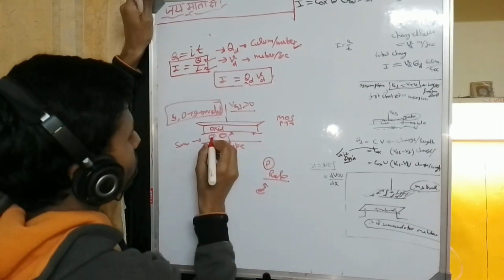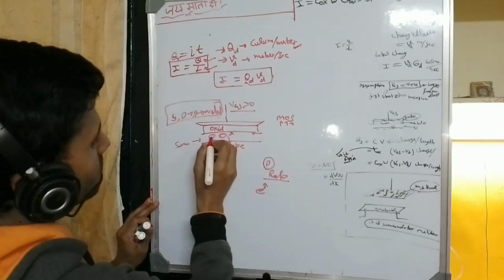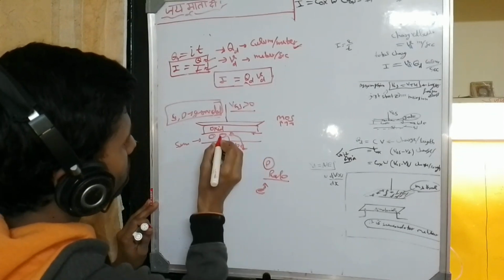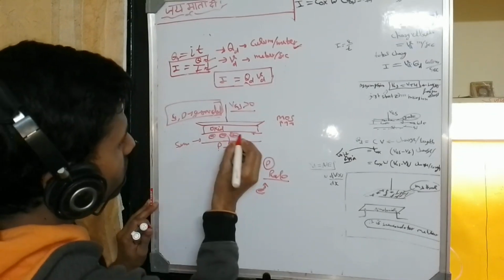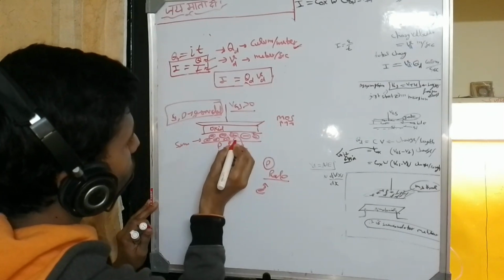Some positive and negative non-movable charge will be created here. If holes repel, negative charge will be created here, but this negative is nothing but non-movable charge.